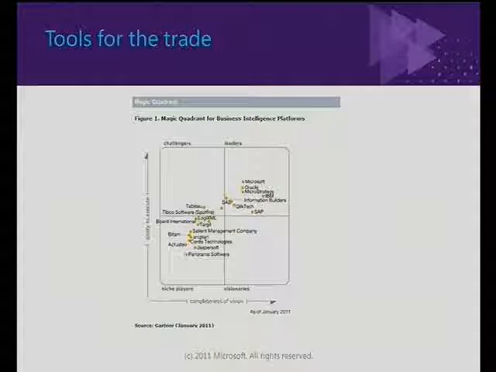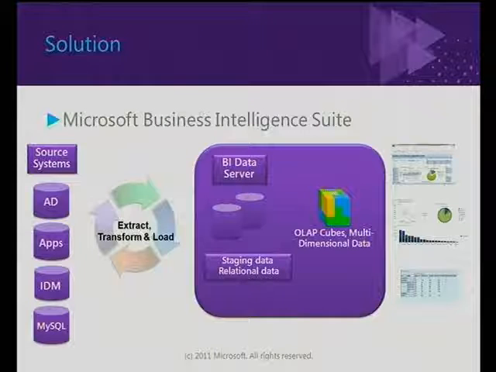Some of you probably are familiar with this. It's not as user-friendly or as GUI an interface as we can get from some of the more recent tools now. And we looked at, of course, the Magic Quadrant from Gartner and ended up picking, the department ended up picking, Microsoft BI Stack for the entire solution in the department, and we were one of the first ones to run with it.